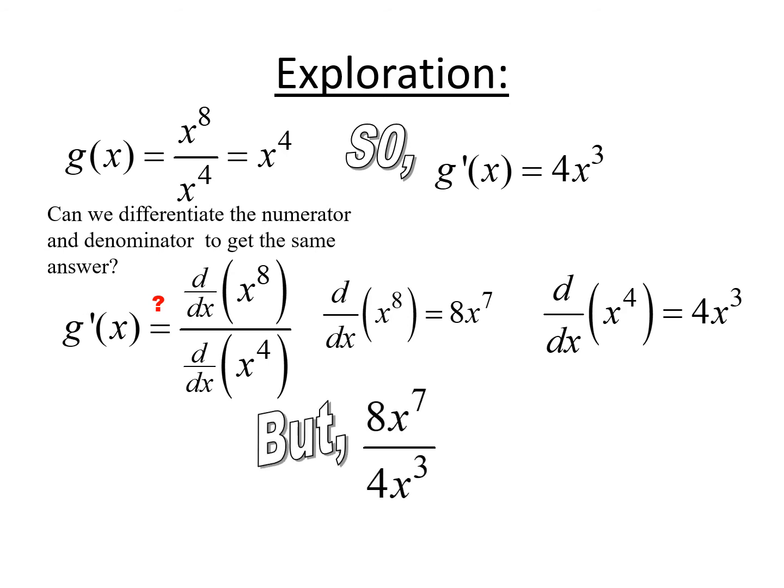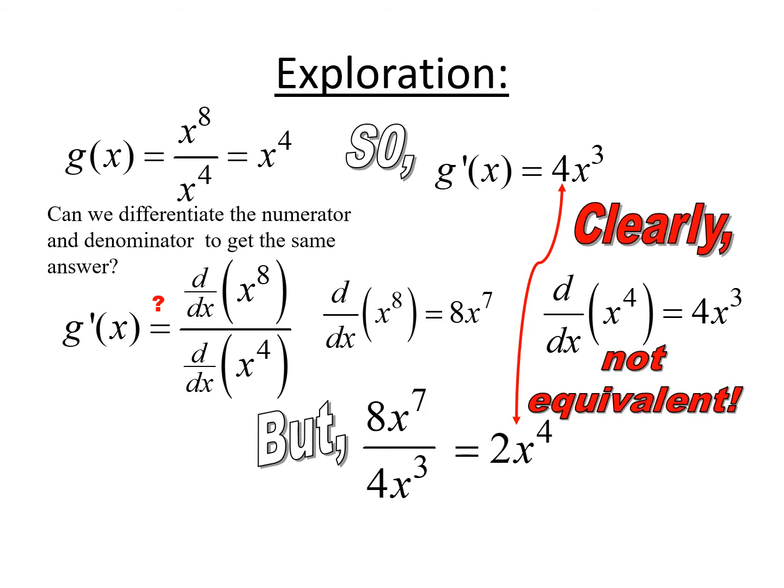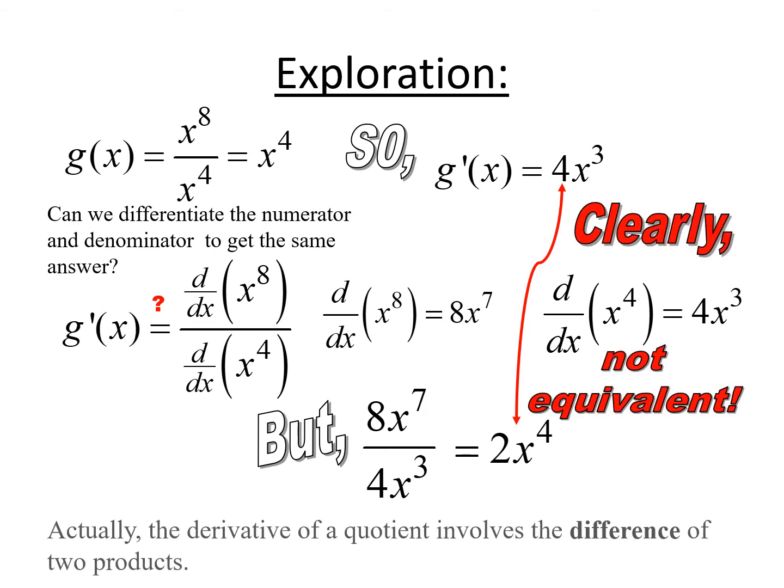If we put those into a quotient and clean them up, we end up with 2x to the 4th, which does not match the derivative of 4x to the 3rd. So the quotient rule is not simply the derivative of the quotients. It's a little more complicated than that. So clearly not equivalent, we have to work with that.